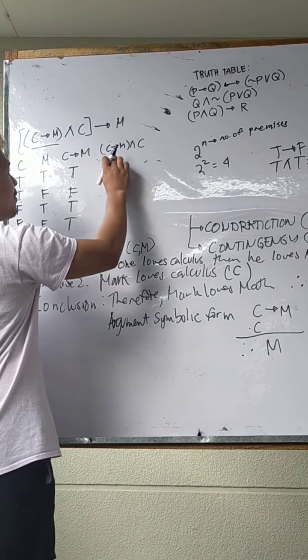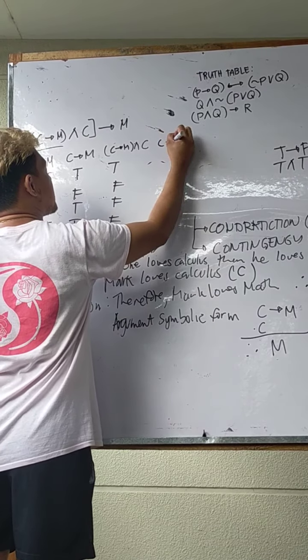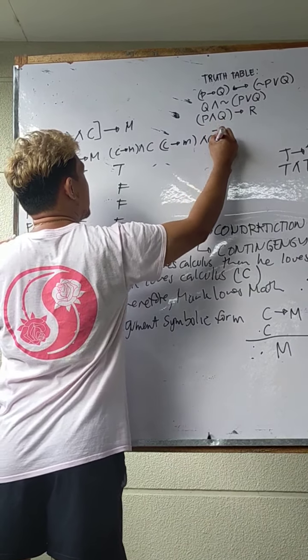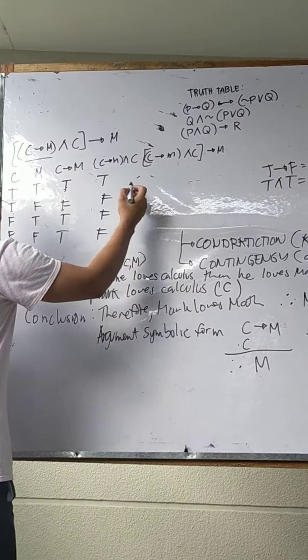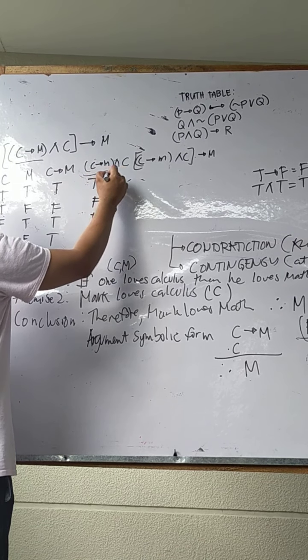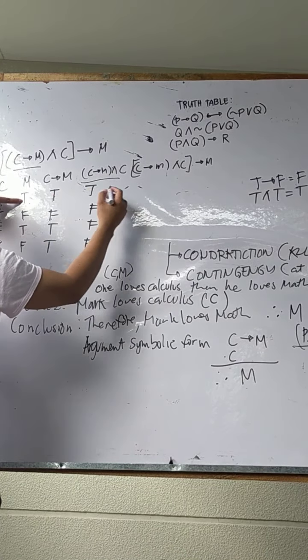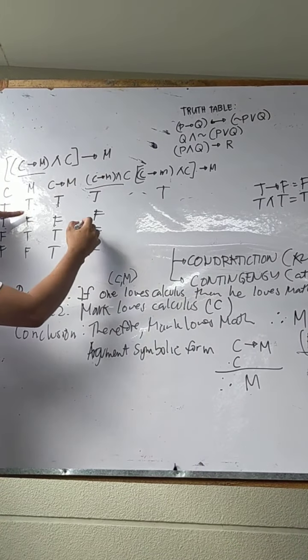Next, we have C implies M and C, implies M. Therefore, true implies true is true, because we need T F in order to have false.